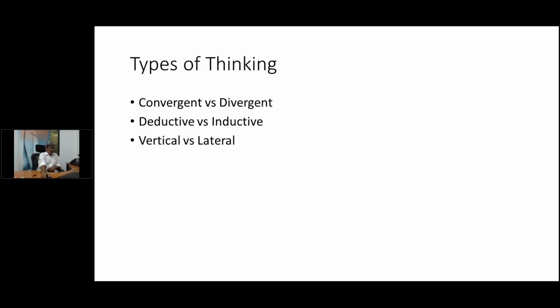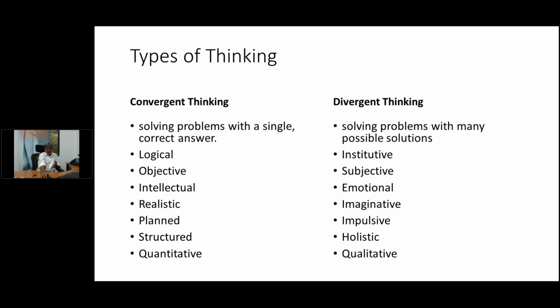One is convergent, divergent, deductive, inductive, vertical versus lateral. I'm quickly going through these slides. One is the convergent thinking, which means solving a problem with a single correct answer.